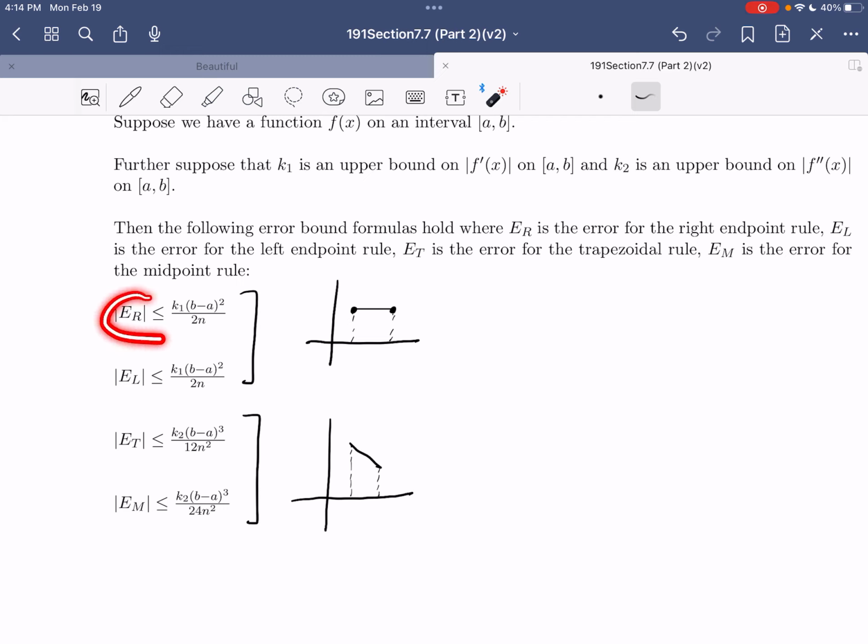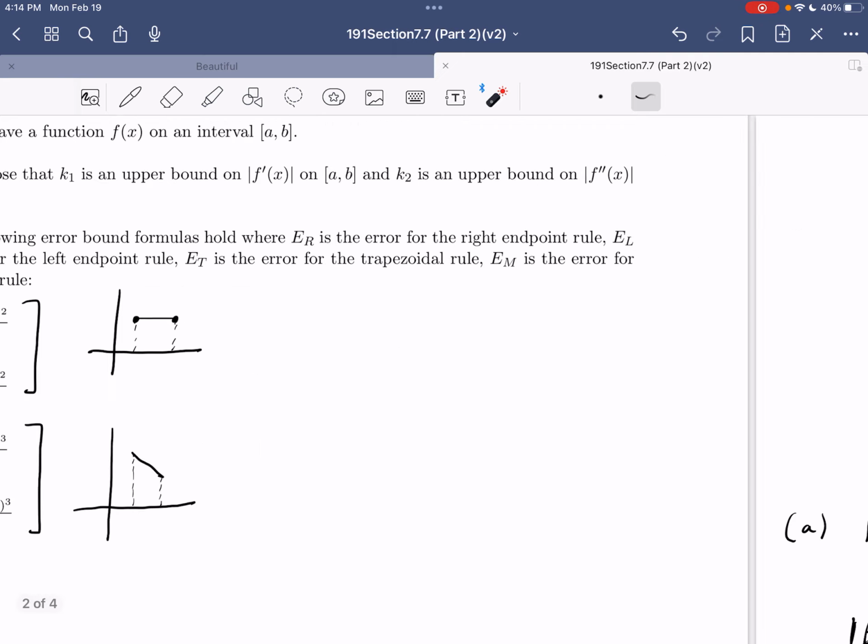We'll set this equation up to say this is less than, say, 0.01. Once we do that, we'll be able to solve for the number of partitions necessary to make sure we have that level of error or less, basically treating that error like a threshold. So let's see how to do that with our next example.